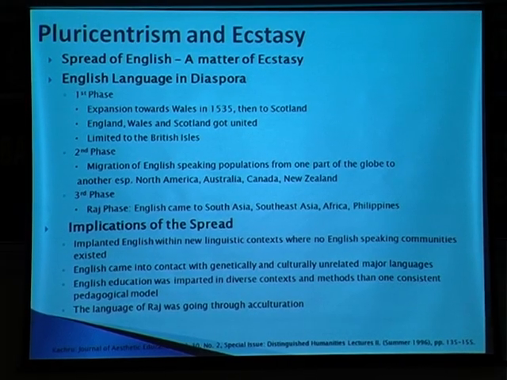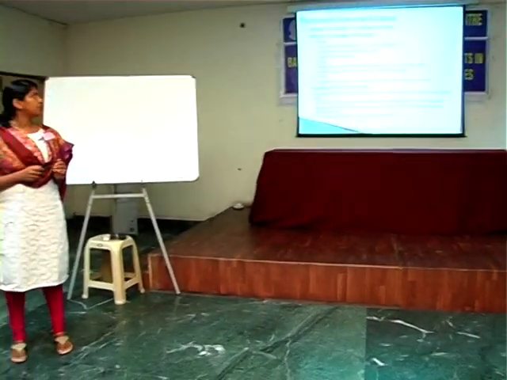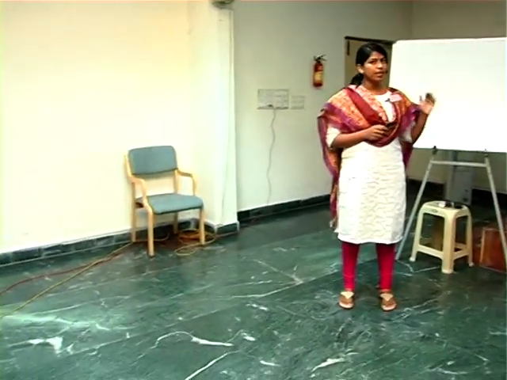In the first phase, we have the expansion towards Wales in 1535, that is English from England going to Wales in 1535, and then it reached Scotland, and then we know that England, Wales and Scotland got united and they formed Great Britain, and then we understand that the first phase is limited to the British Isles.